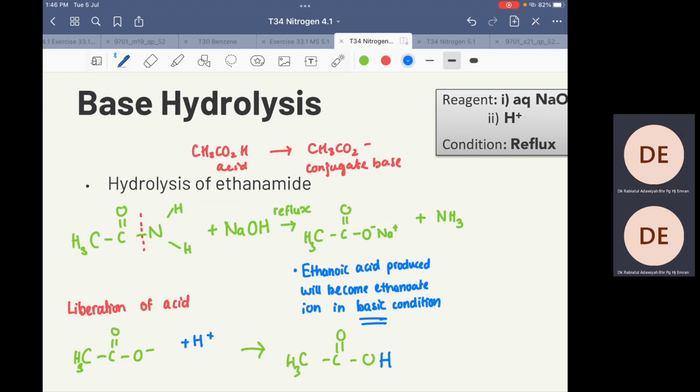Then I form an ethanoic acid. Okay? So that's why it says the sodium carboxylate salt can then be acidified to liberate the carboxylic acid.